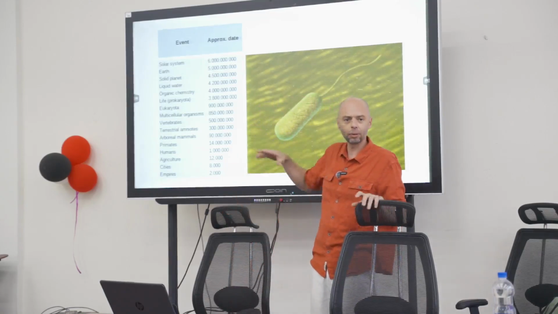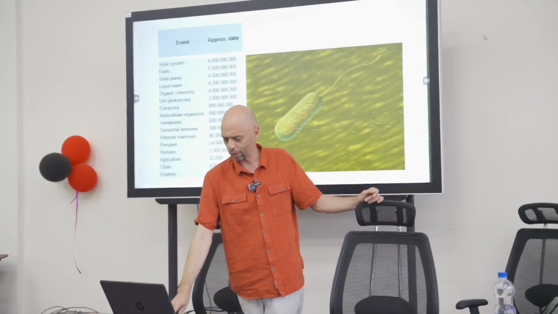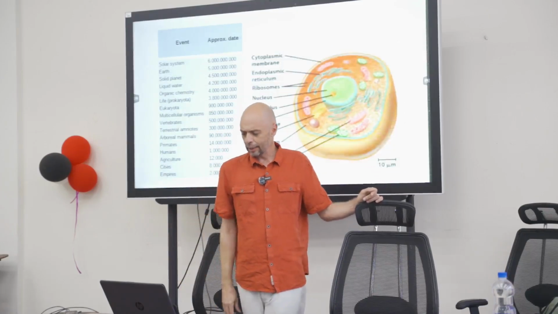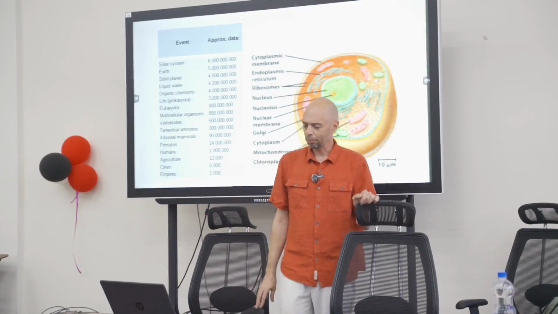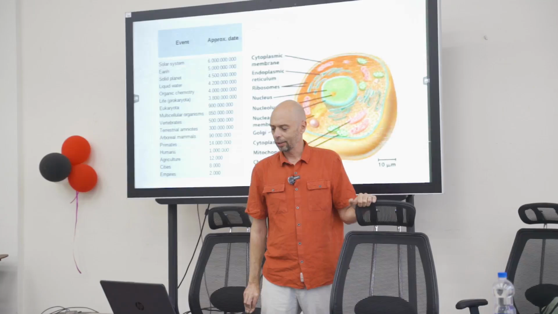our Earth was quite a boring place. Just this kind of life, no multicellular life, no complex life, no life outside the water. It was a really boring place for 2 billion years. Until around 900 million years ago, the first eukaryota started.